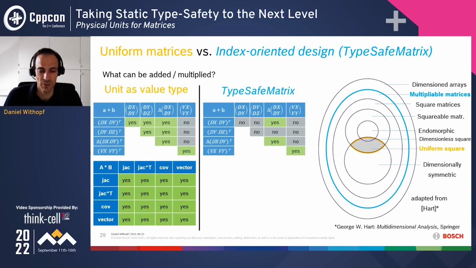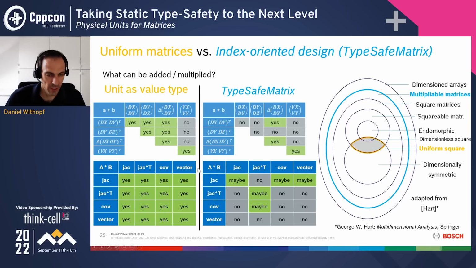As I mentioned earlier, you can multiply any 2 physical units and get a valid physical unit as a result. And this is exactly what happens here. If the dimensions of the matrices match up, there is a valid physical unit that you get as a result, and you simply create a matrix with the appropriate dimensions and the matching physical unit. And this is the correct return type here. So all of these operations would compile in that case.